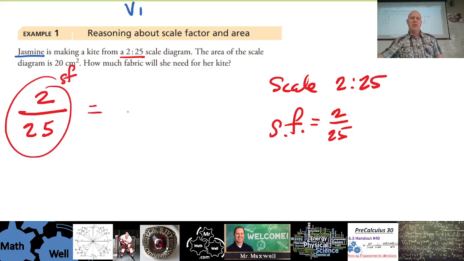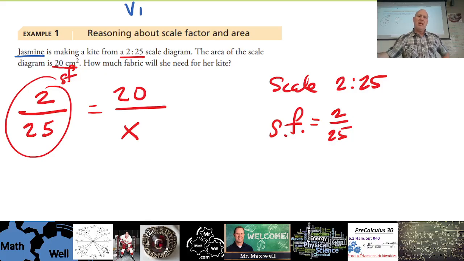That has to equal the ratio of areas. The diagram is 20, which is the top, and I want to find out what this is right here.